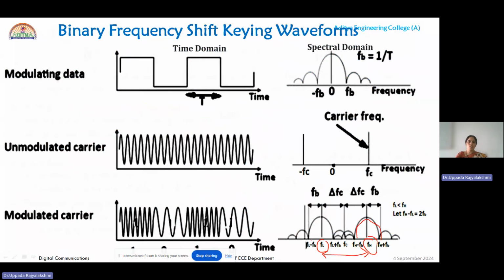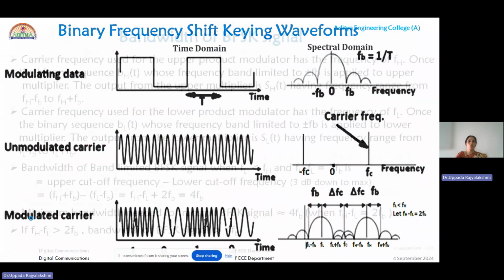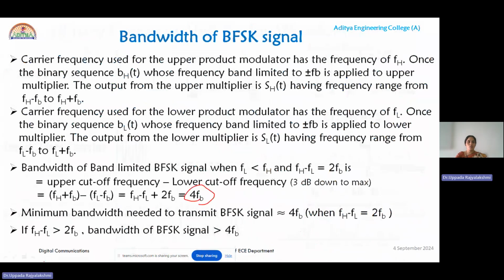Similarly, for F_L also, the message is distributed from F_L minus F_B to F_L plus F_B. For example, if you take F_H minus F_L as 2F_B, the minimum bandwidth required for transmitting the FSK signal is 4F_B. So this is the main drawback of BFSK: it needs a large amount of bandwidth for signal transmission.